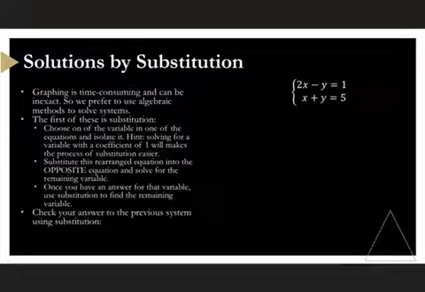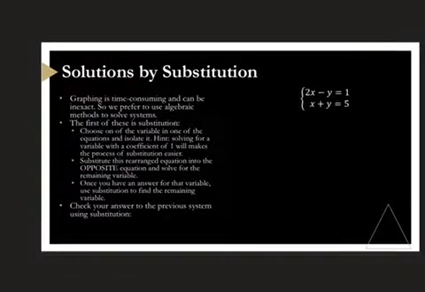Using substitution. So it is hard to graph, like I mentioned. It's not always the fastest, it's not the best way to do it. So we can use substitution instead. And what substitution does is we take one of our equations. It does not matter which one. Take one of your equations and solve it for one of the variables.